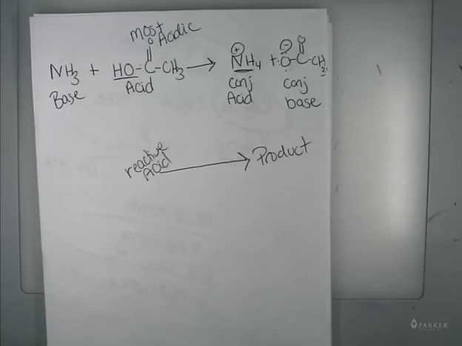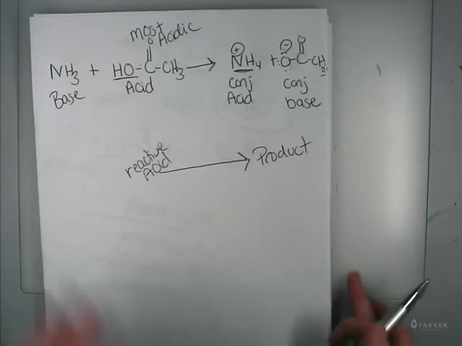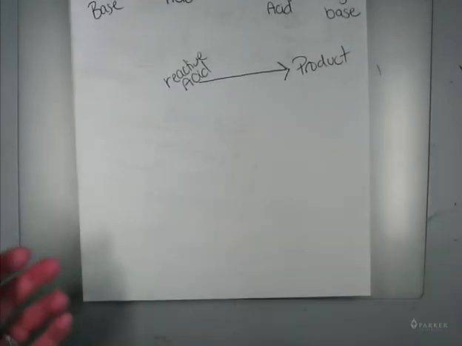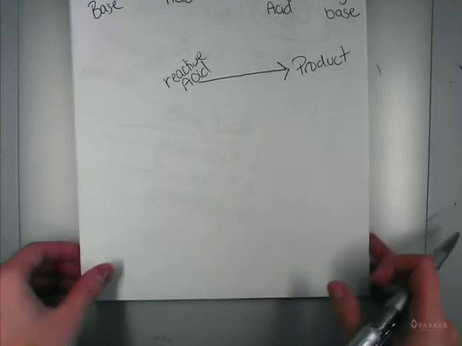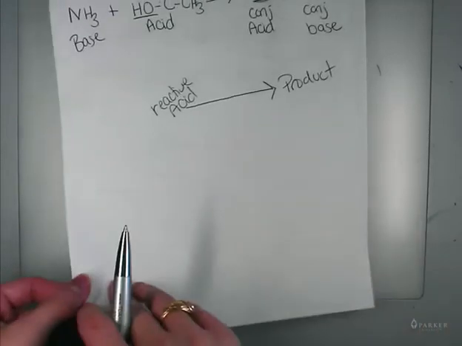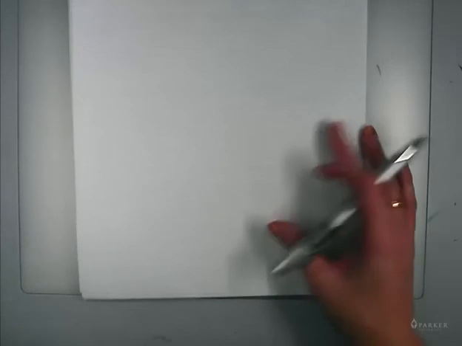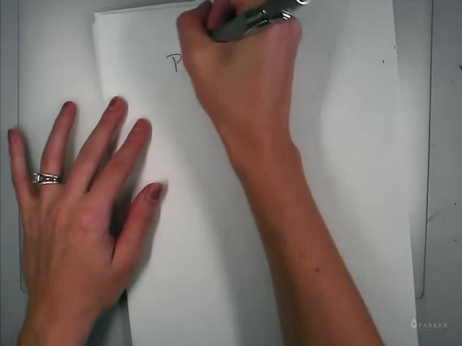The other thing I want to go over, and this is also in your lab, is pH, Ka, pKa, all that kind of stuff. Let's first look at the pH scale, which is basically a measure of how acidic something is.